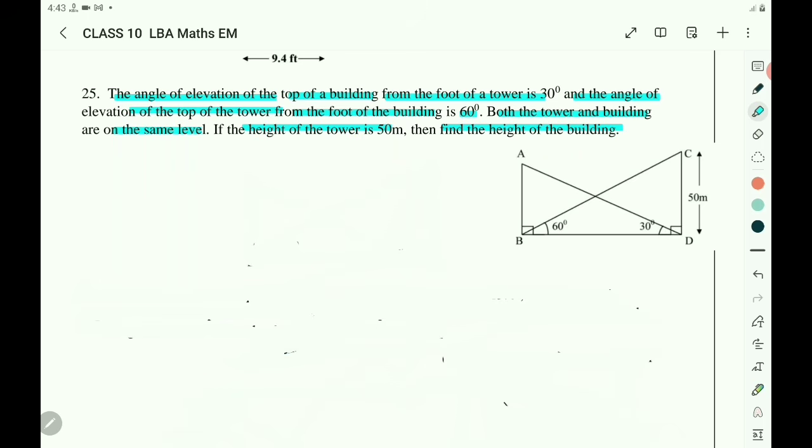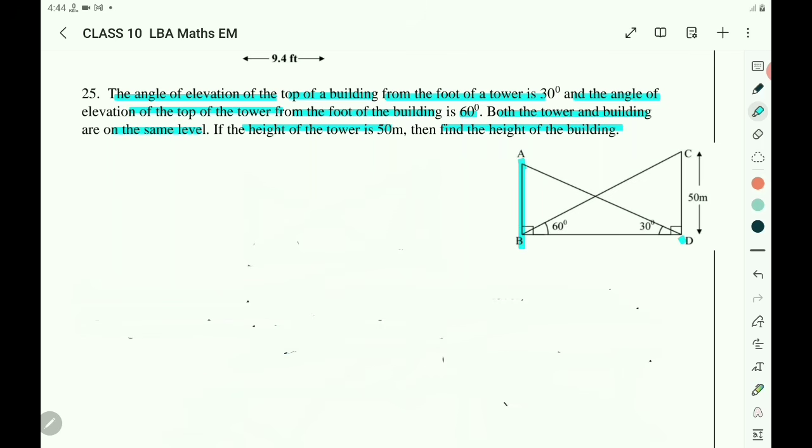Here AB is a building and CD is a tower. They are on the level ground BD. Next, what is given? Angle of elevation of the top of the building from the foot of the tower. AB is a building, A is its top.